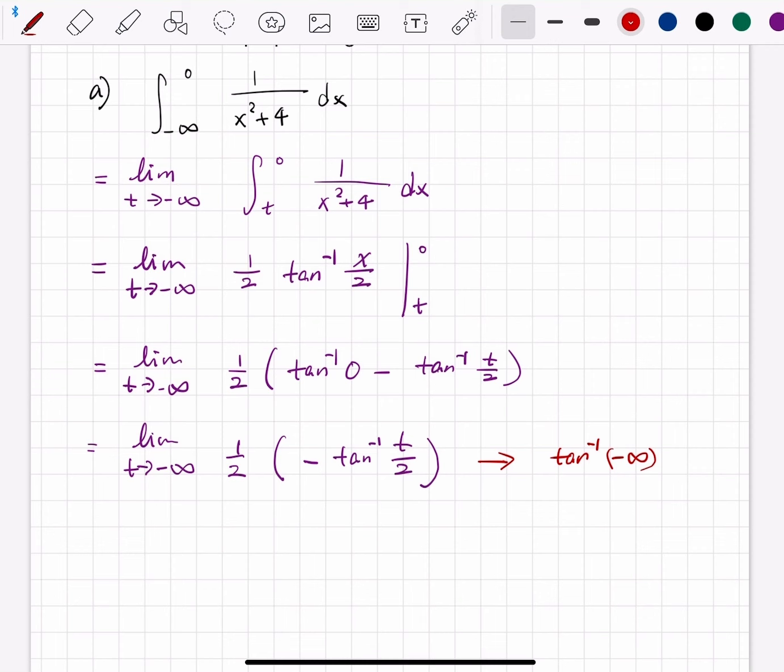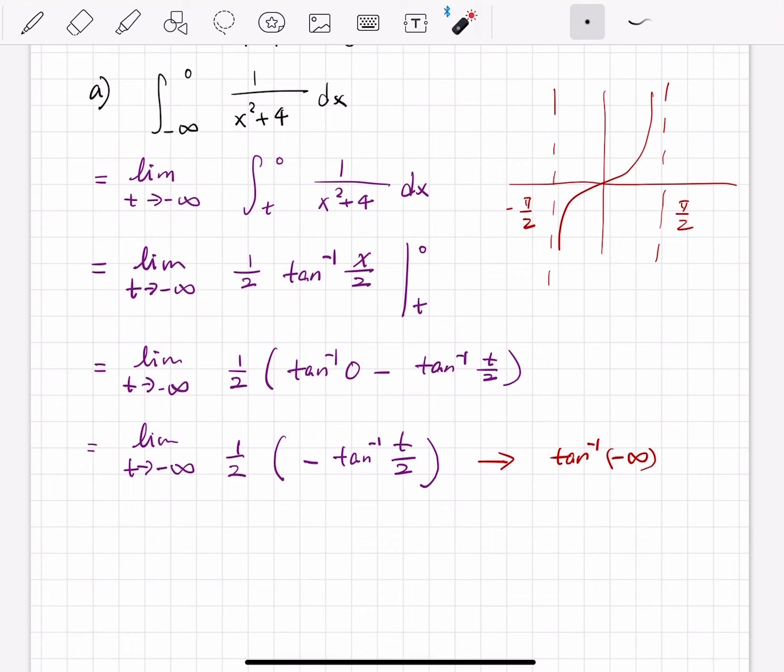For that situation, according to the graph of the tangent, because this is the inverse graph, we can still use it. Where the graph shoots to negative infinity, along this portion, the tangent graph goes close to negative pi over 2, then we have negative infinity. So tangent inverse of negative infinity gets really close to negative pi over 2.